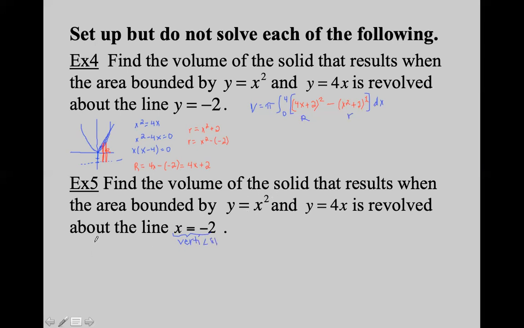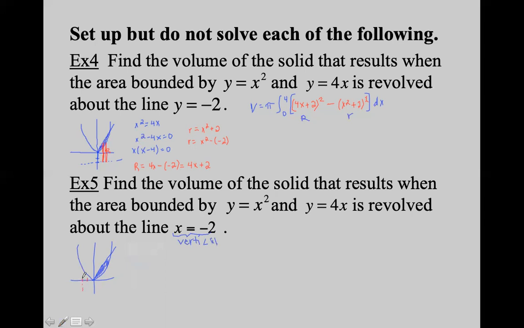All right, so it's our same shape. We still have that parabola, and we still have y equals 4x. But now our axis of revolution is x equals -2.